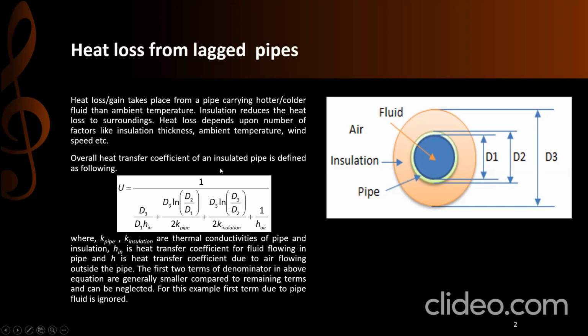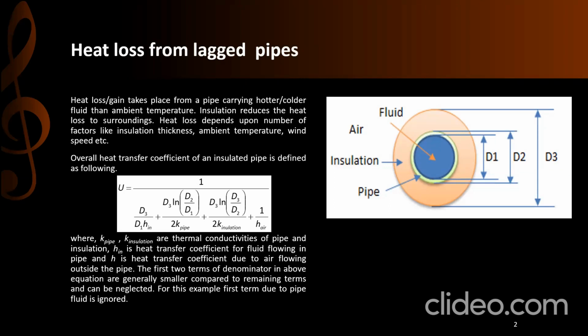Overall heat transfer coefficient of an insulated pipe is defined as U is equal to 1 over D3 over D1 h_fluid plus D3 ln of D2 over D1 over 2K of pipe plus D3 ln of D3 over D2 over 2K insulation, plus 1 over h of air.